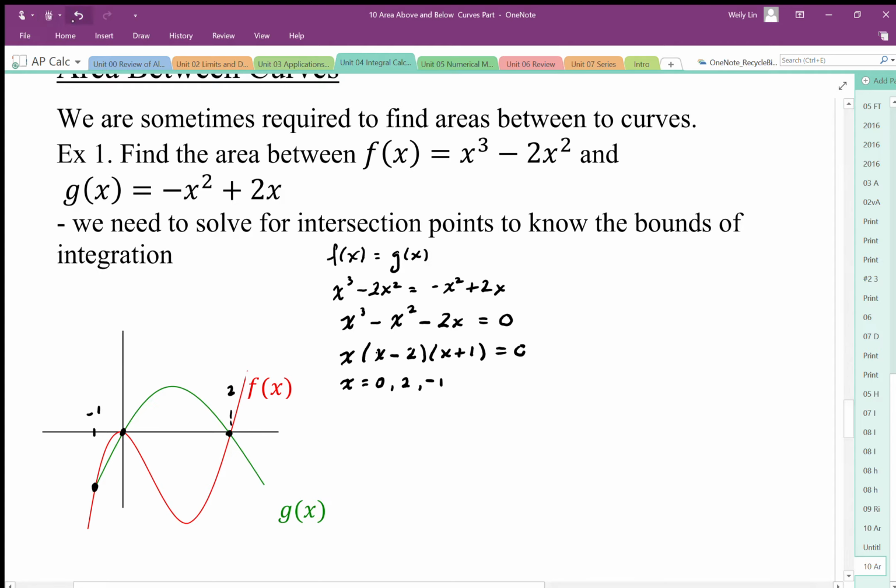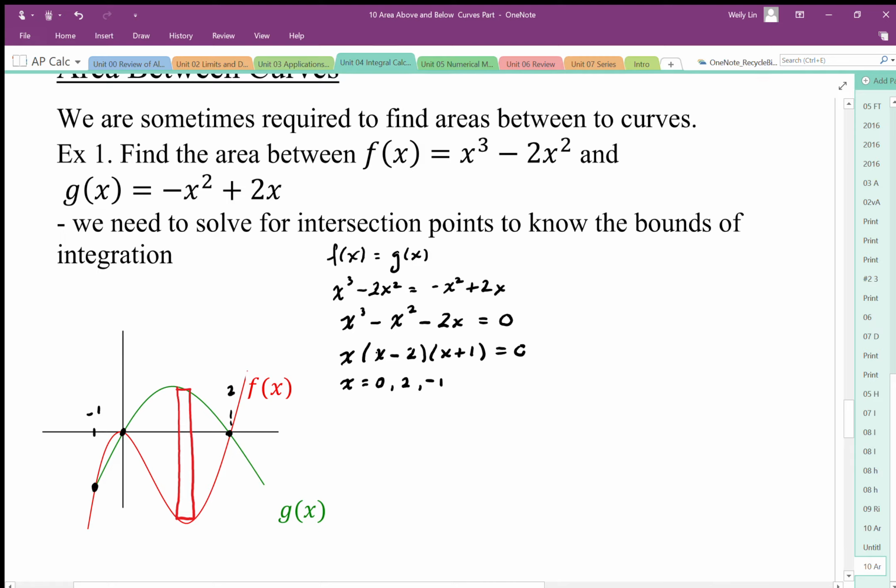To get the height, if I take a look at this region in here, to get the rectangular areas, which I'm going to sum up, I need to find the difference in those two lines. So I need to subtract. And I'm going to subtract the lower function from the upper function to make this difference positive, because I want to have positive area.